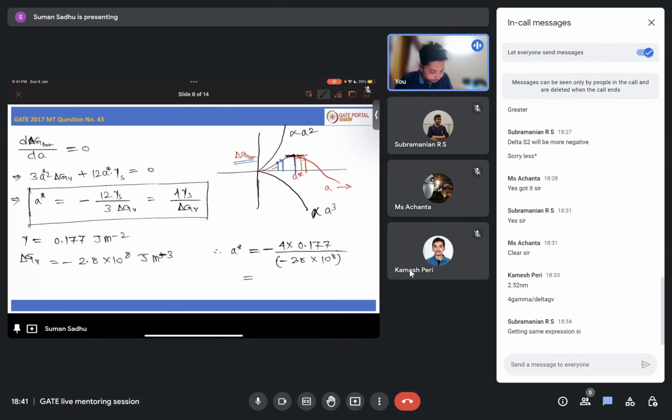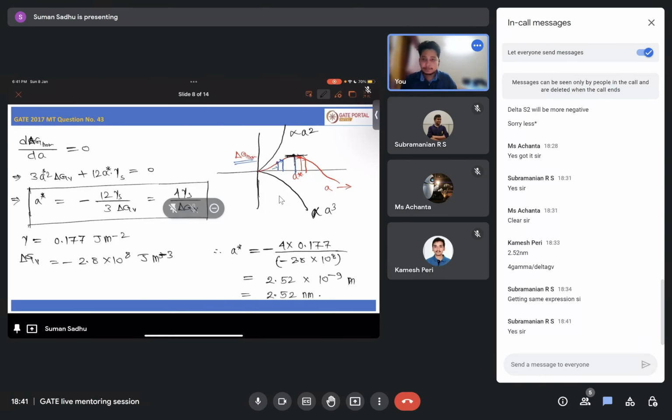If you calculate, you will get 2.52 into 10 to the power minus 9 meter, which in nanometer is 2.52. I hope every one of you is getting the same answer. If anyone has any doubt, you can ask me. Clear?